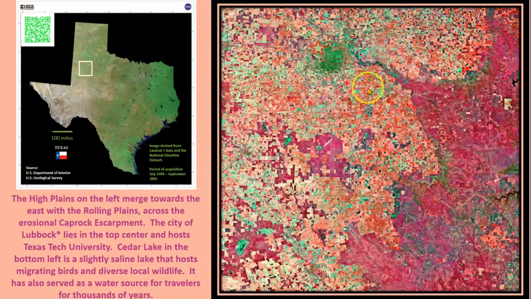Here we see the high plains on the left merging towards the east into the rolling plains across the erosional Caprock escarpment. The city of Lubbock lies in the top center and hosts Texas Tech University. Cedar Lake, at the bottom left, is a slightly saline lake that hosts migrating birds and diverse local wildlife.